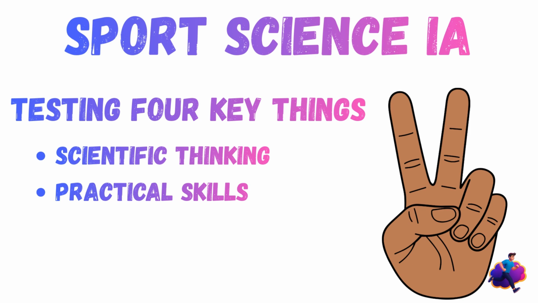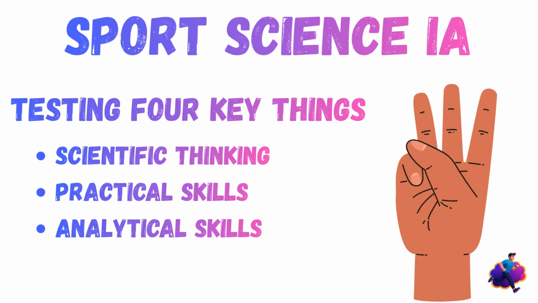Secondly, the practical investigation skills that you obtain during the course of your 2 years. Can you collect data that is valid, reliable and precise? And do you know how to control variables, justify your methods and consider any ethical issues within your study?